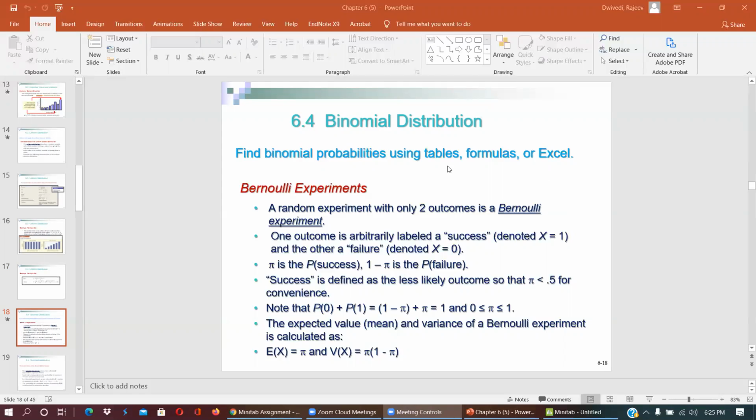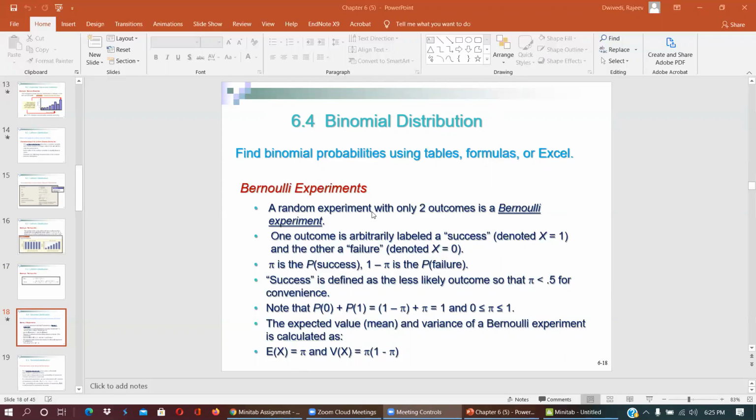So basically, whenever you see a situation where two kinds of outcomes are there, success or failure, or yes or no, then we are going to use the binomial distribution. Only two situations. So this is binomial.